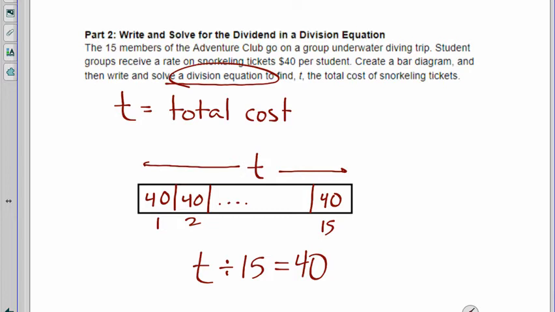What is the inverse of division? It's multiply. So if I multiply that by 15, I'm left with t, which is my goal, to find out what t is. I can do that if I do the same to the other side. Okay, t divided by 15 times 15 is just t. And 40 times 15 is 600. So the total cost of the trip was $600.